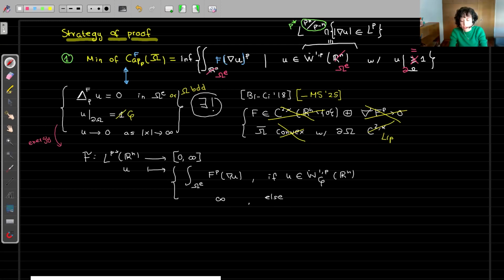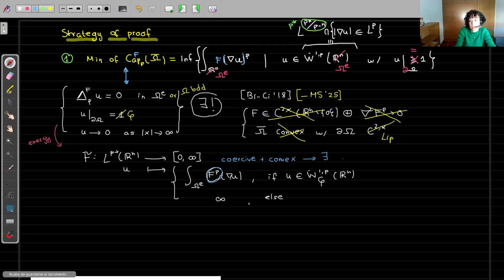So that's your functional. Let me make some remarks that I think are important. As this P norm is coercive and convex, by applying the standard classical method of calculus of variations, there exists a solution.